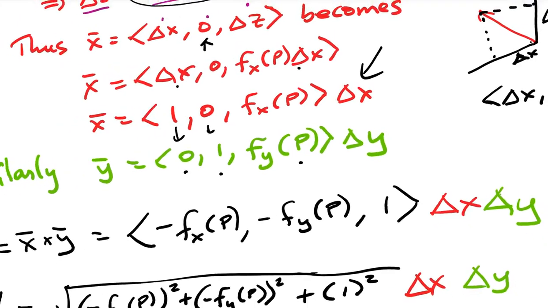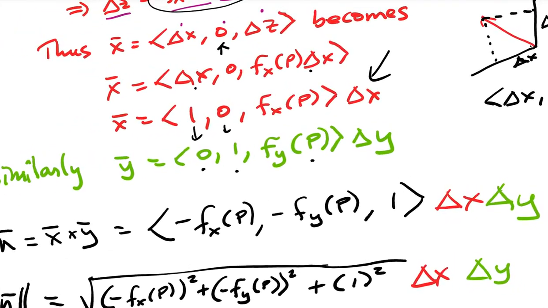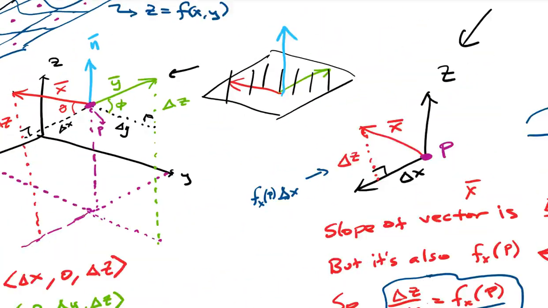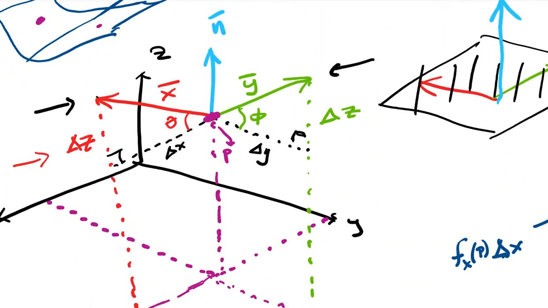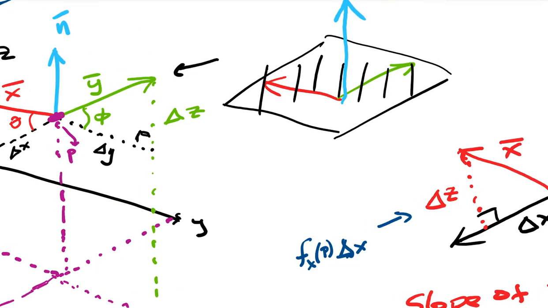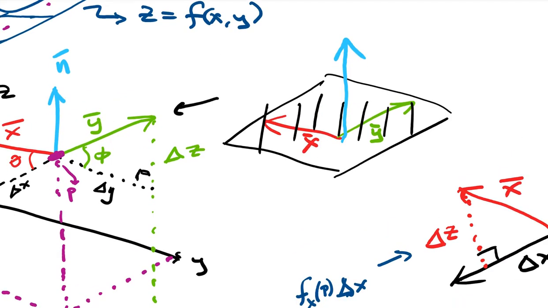All right, so now I take out the delta y. If you do the cross product of these two, which we're interested in because the cross product of x bar and y bar will give me my n vector. I don't know if I drew this exactly according to the right-hand rule, but that's the idea. In fact, I know I didn't.